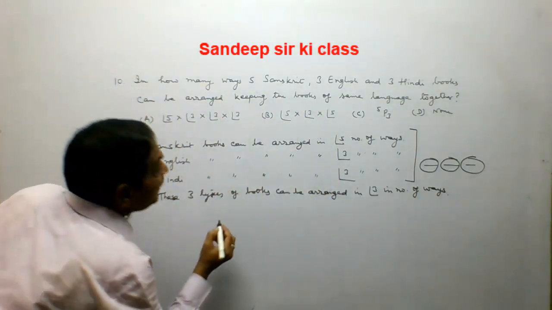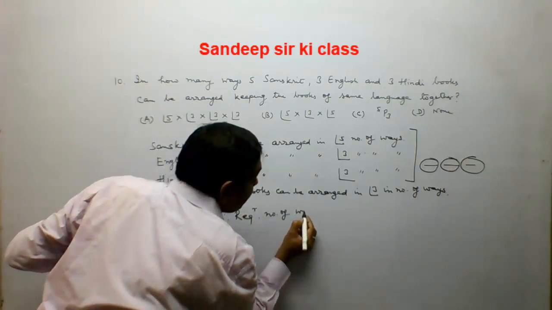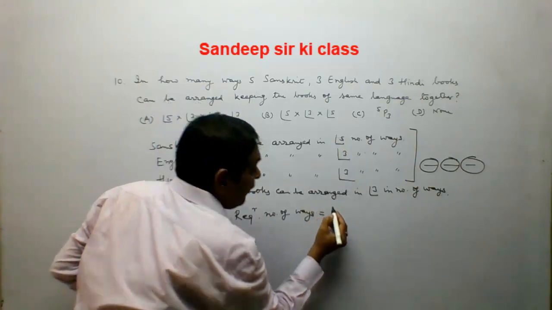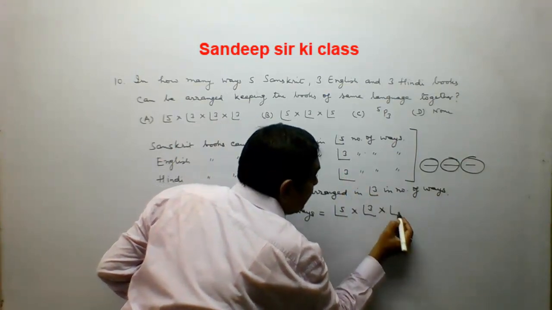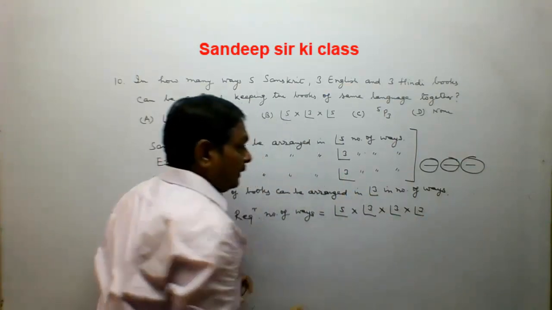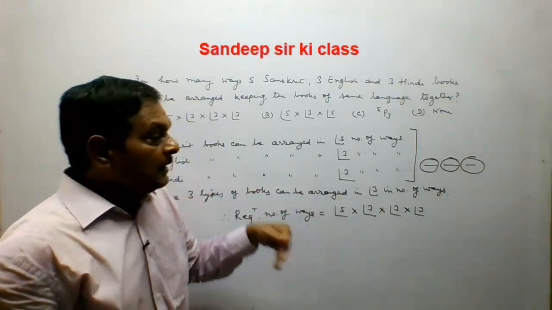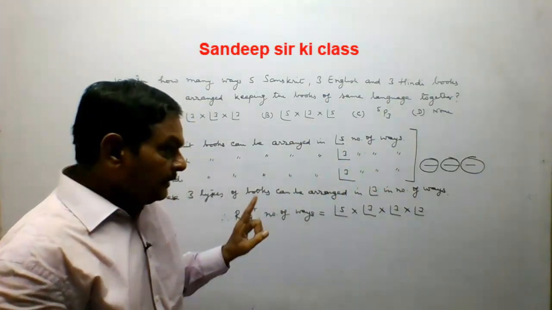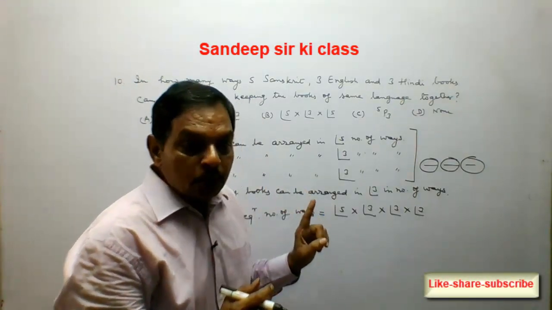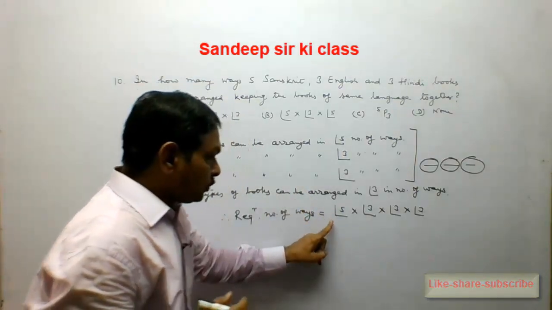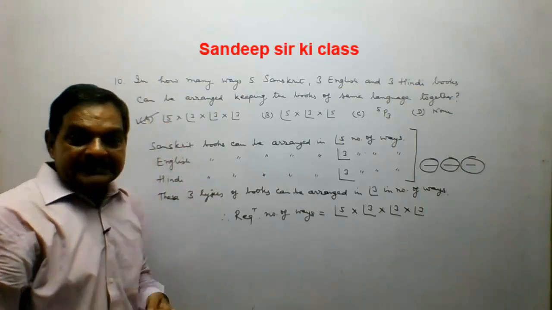So total number of ways, therefore required number of ways, will be factorial 5 into factorial 3 into factorial 3 into factorial 3. We are multiplying because first activity is done, then the second activity is done, and likewise the other activities are done. And if this happens, we are to use the multiplication formula. So this is our required number of ways, and hence our option A is the correct answer here.